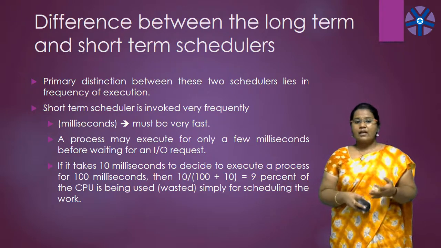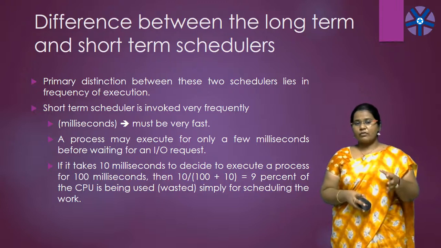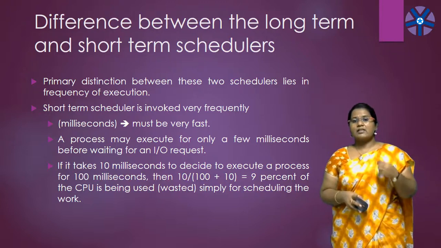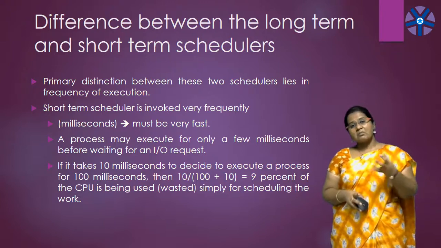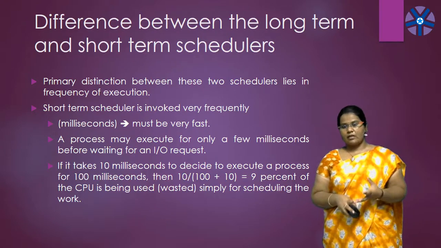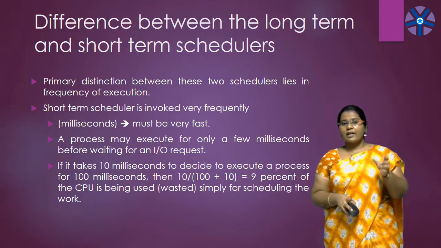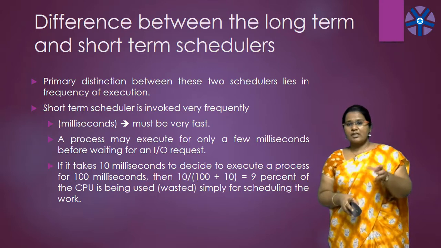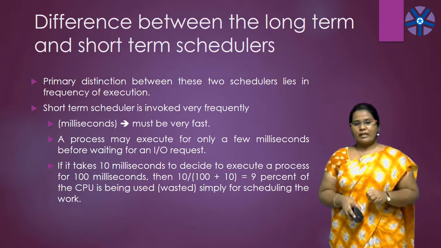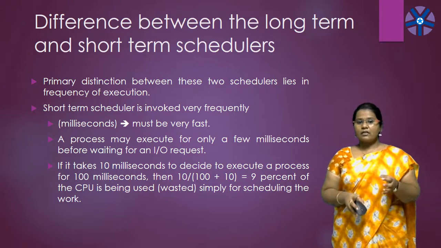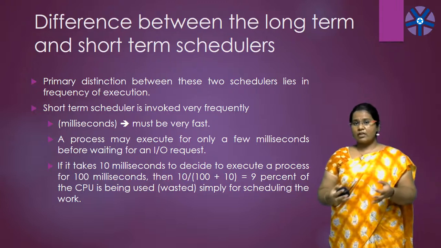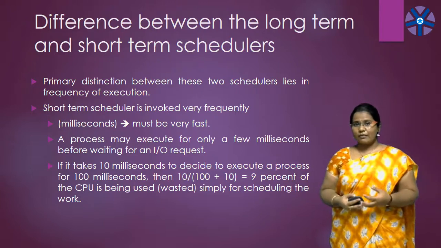If you consider that a CPU is capable of executing millions of instructions in a second, a process can be executed in the CPU only for a few milliseconds before it comes out of the CPU for an IO request.